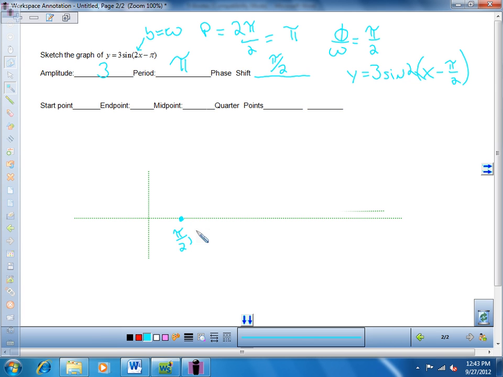Hello? 0, right? There's no up or down shift. Done? Now I'm going to find an endpoint. And this is why I don't really like to scale things too much. You have to add 1 period. So it's going to take pi radians. So the start point is pi over 2 comma 0. And the endpoint, I need to add pi to that.